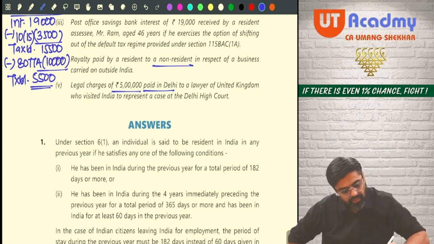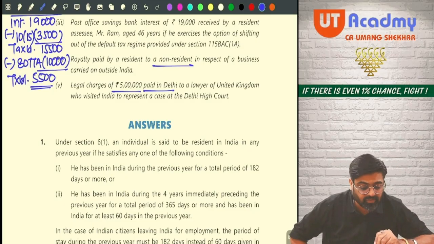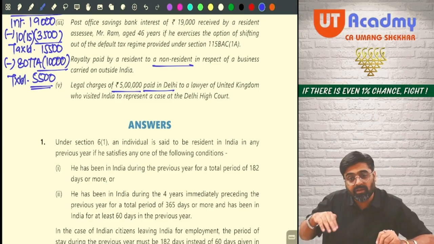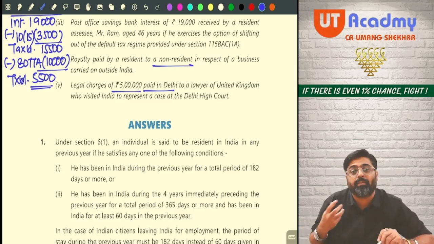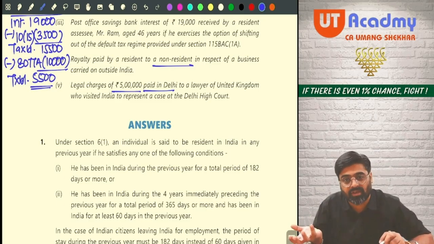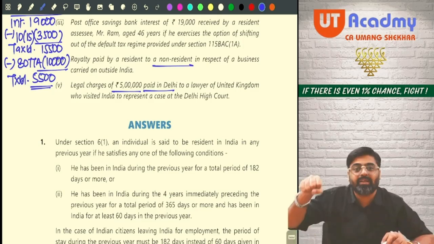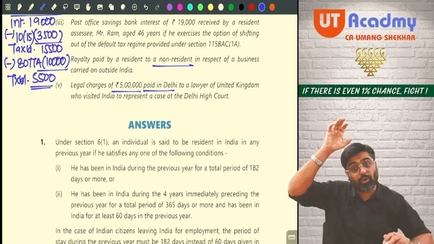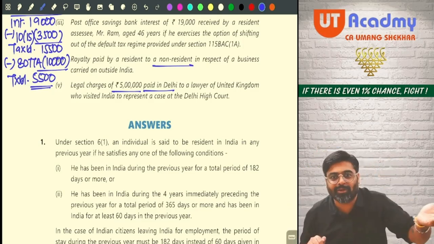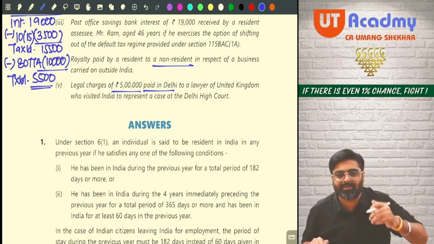So tell me, a lawyer of the United Kingdom visited India to represent a case at Delhi High Court. See, if you are representing a case at Delhi High Court, that means as a lawyer you are rendering your services in India. And for those services which you are rendering in India, the legal charges are accruing in India, and on top of that, it is received also in India. What type of income is it?